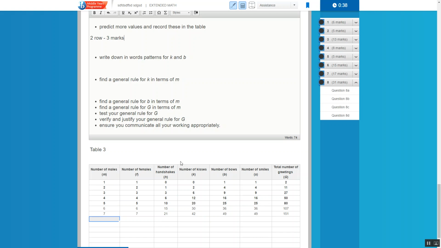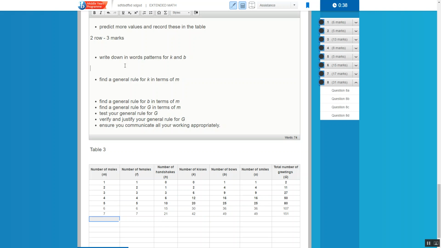Write down in words patterns for K and B. So let's have a think. We want to attempt to describe a pattern here. So either they're all increasing, or recognize the pattern for S and B are the same.